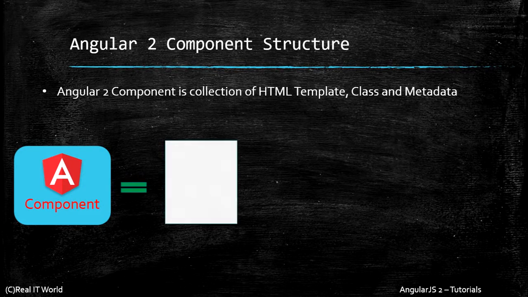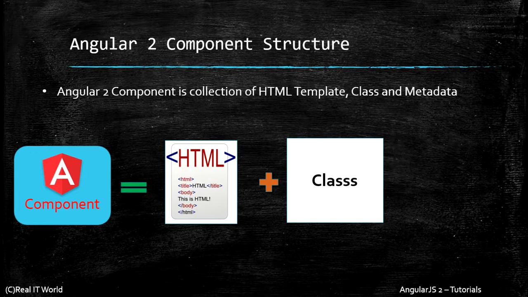So an Angular component is a collection of HTML template, class, and metadata. This HTML template is providing the component's HTML code, and this class is holding the component's business logic, methods and properties.